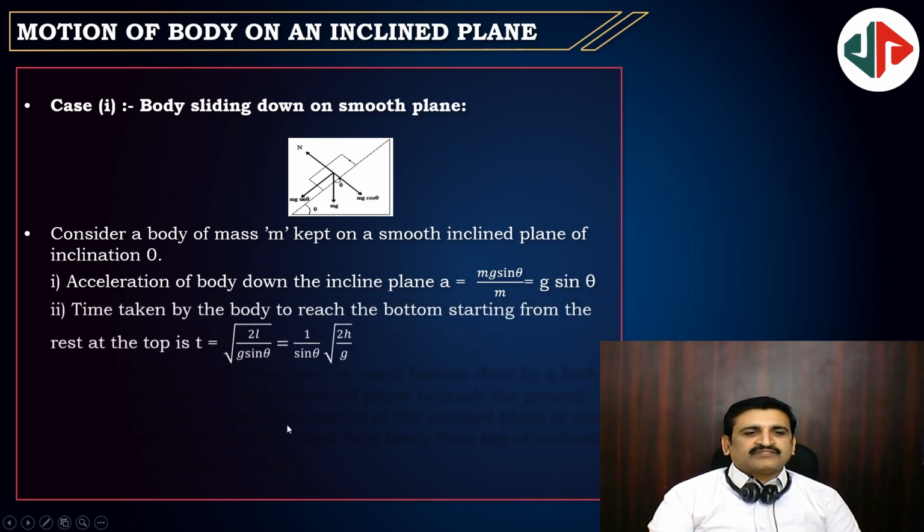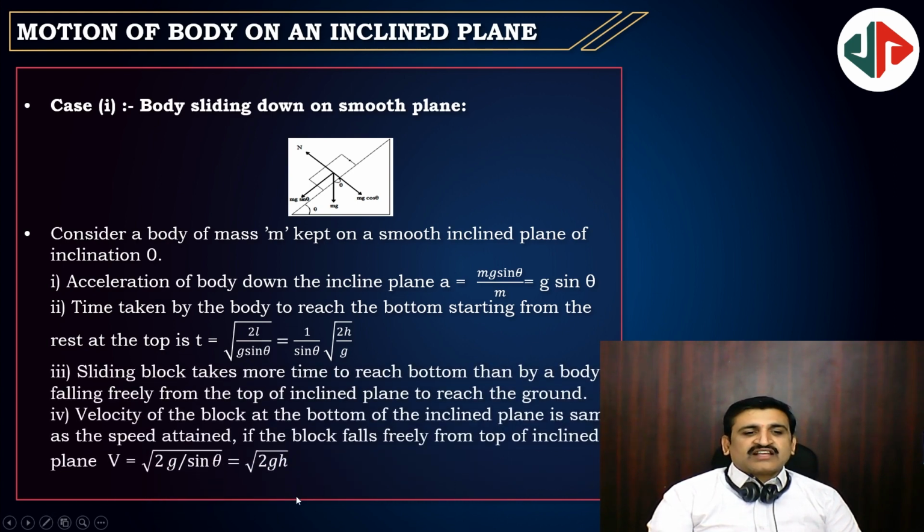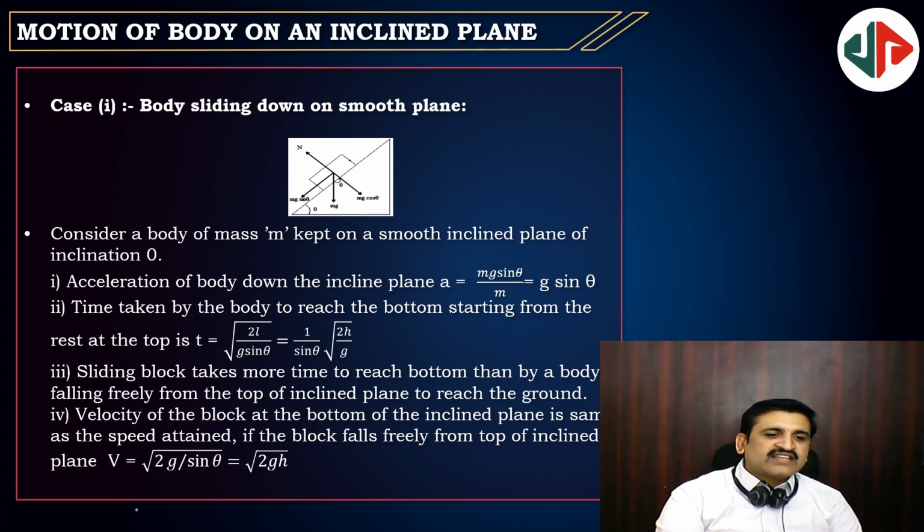And time of descent is equal to square root of 2h by g, where 2h is 2 times the length of the plank by g sin theta, like that you can take. And velocity at the bottom is equal to root 2gh, which is nothing but root 2gl sin theta. This is L, root 2gL sin theta.